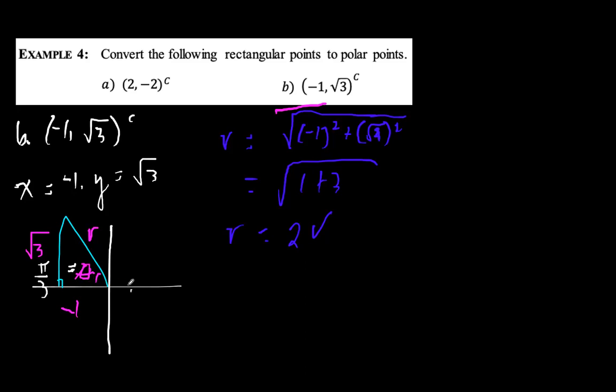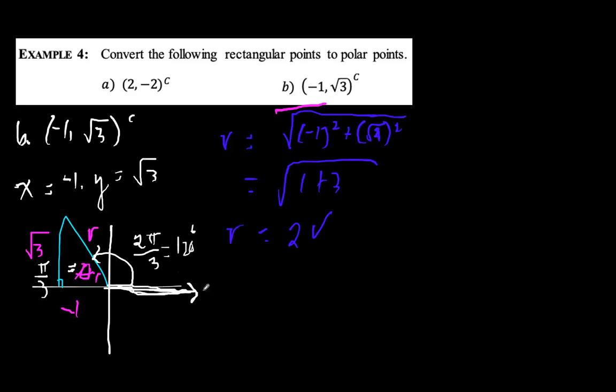The reference angle. But again, our true angle should be coming from the positive x-axis, since we are talking about the rectangular coordinate system or plane. And if this is pi over 3, this is 2 pi over 3. Or this is 120 degrees, correct?